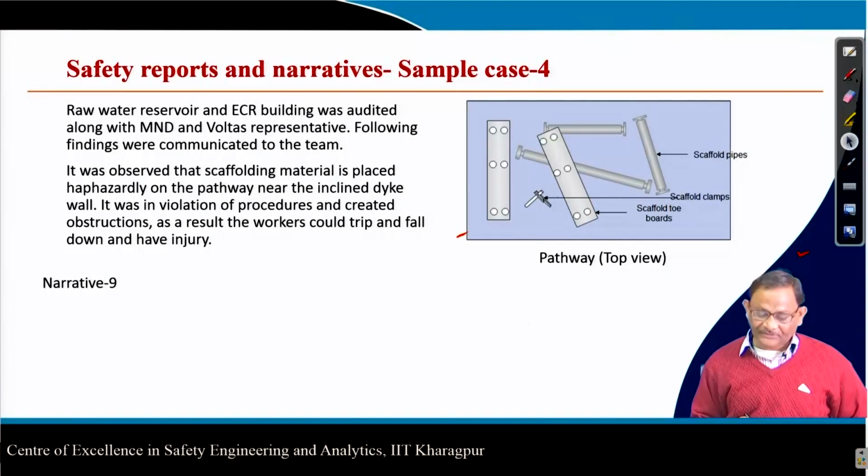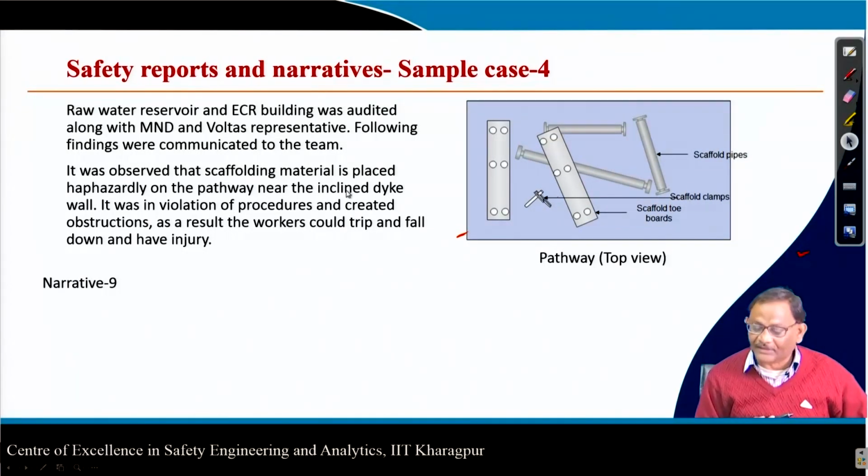This is another one where you can see how the scaffolding materials are scattered here and there in a particular place, where this water reservoir and ECR building was audited along with M&D and some representatives, and then the following findings were communicated to the team. It was observed that scaffolding material is placed horizontally on the pathway near the inclined dike wall, and something like this.